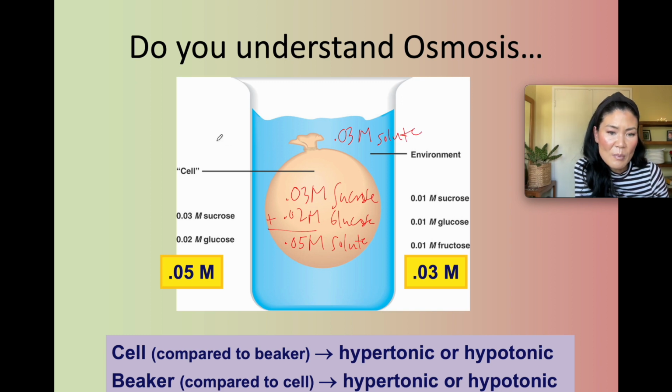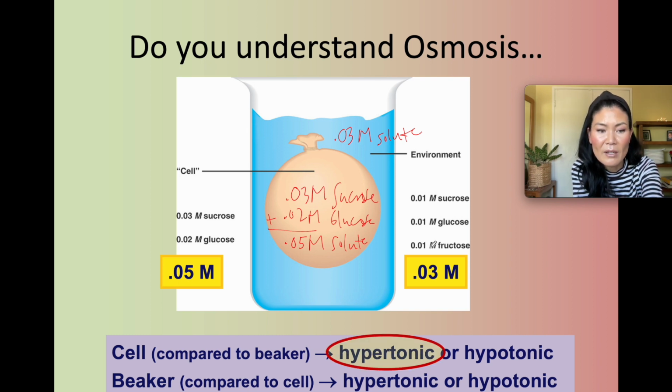So which one's hypotonic, hypertonic? The cell is going to be what? Compared to the solution outside, the cell is going to be hypertonic, right? And then the beaker, the solution on the outside, is therefore hypotonic, right? We only use these terms when we compare solutions. And so which way is the water going to go?